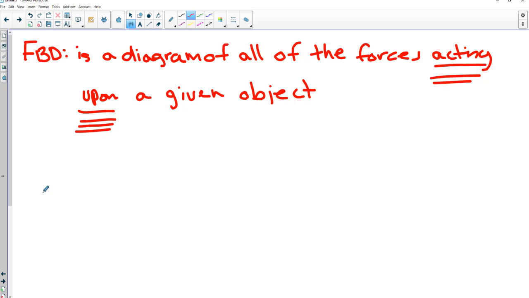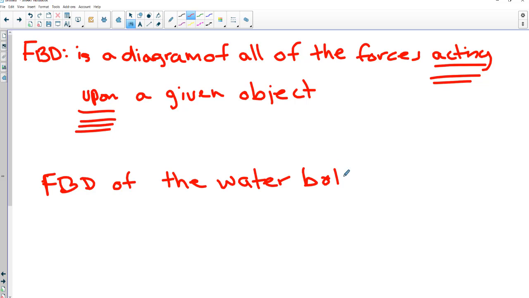So let's go back to our example of your water bottle. If I said, draw a free body diagram of the water bottle, your key here is to pay attention to whatever comes after the word of. So in this case, it's the water bottle.